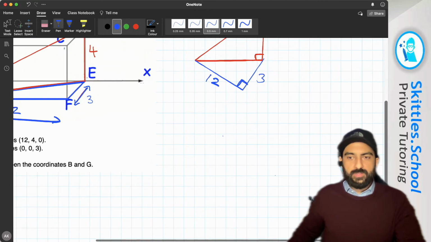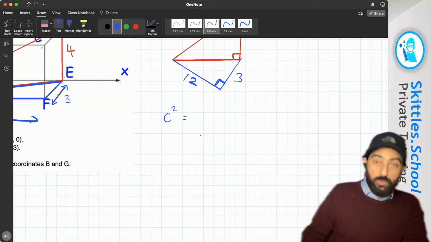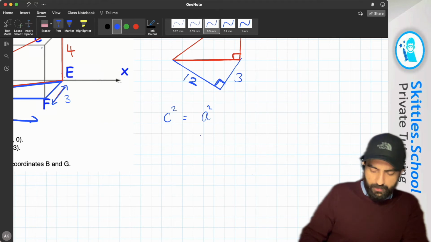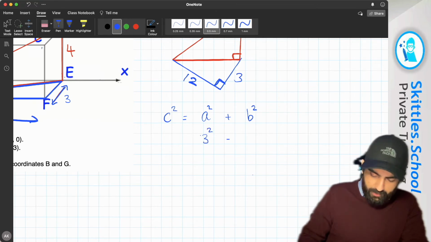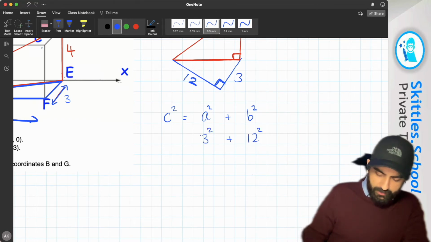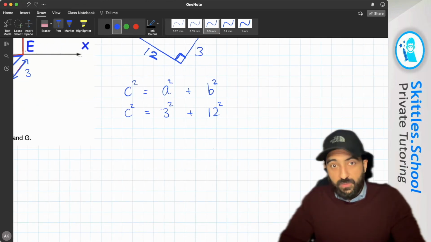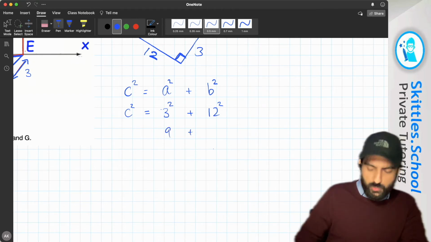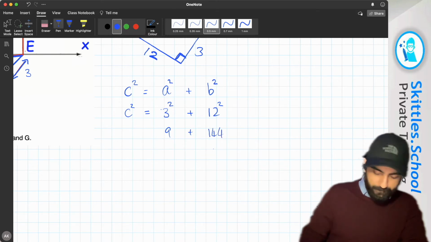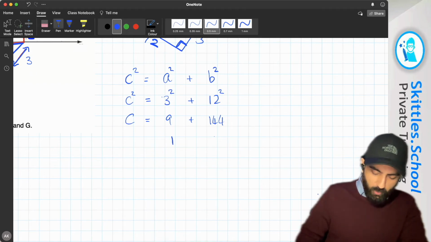Okay, so let's Pythag this. c squared equals a squared plus b squared. Okay, c squared equals 3 squared plus 12 squared. 3 squared is 9. 12 squared is 144. 9 plus 144 is 153.